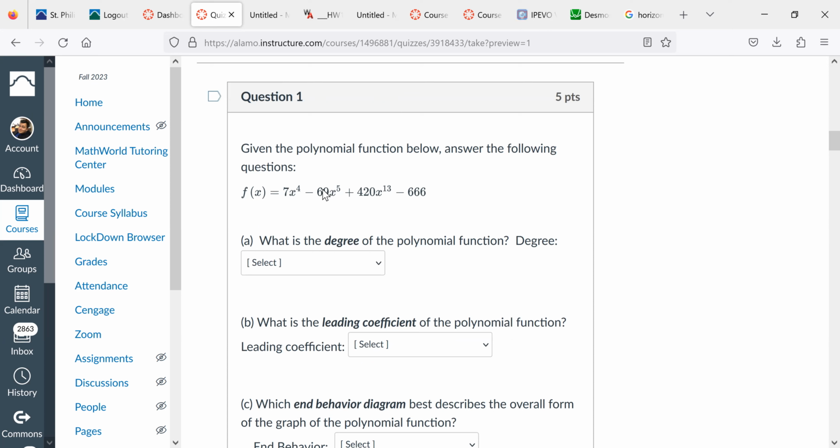Okay, so given the polynomial, it's pretty straightforward, right? What is the degree here? The highest power is, yeah, 13, you're right. 13 right there.